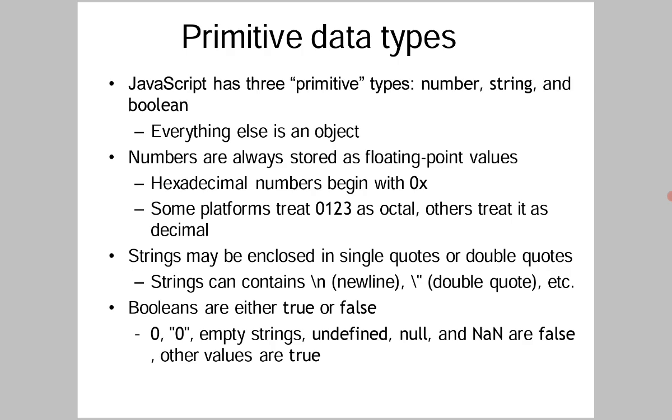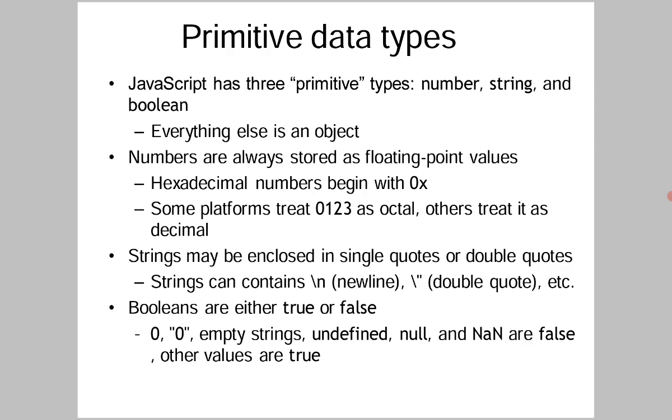Booleans are either true or false. As we discussed, there are 3 primitive data types: the first is number, the second is string, the third is boolean. What is a boolean?